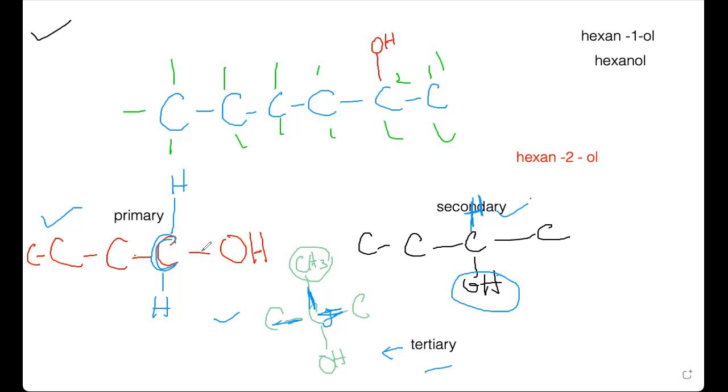So in primary alcohol, the carbon bonded with the OH group is connected with two hydrogen and one carbon, and that is least stable, because that carbon is not that strong. It has one carbon on one side and two hydrogen.